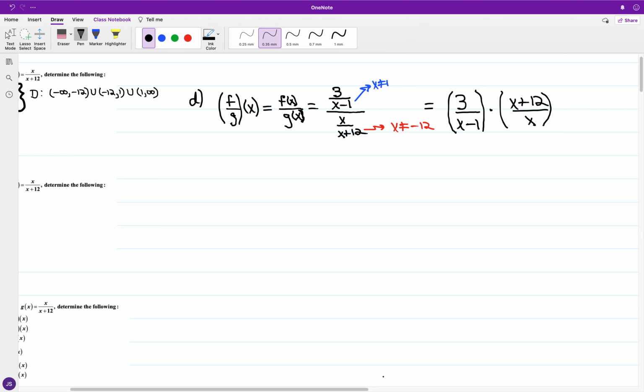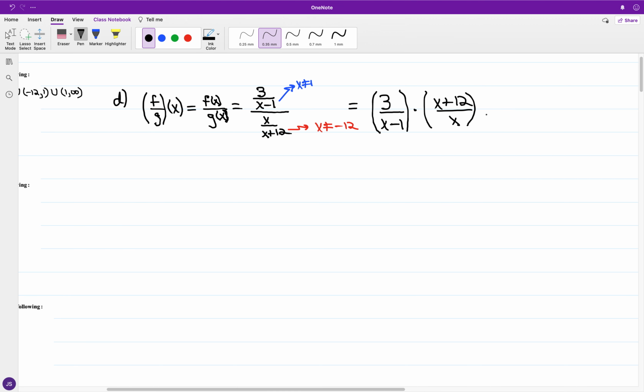And in this development, we have 3 times the quantity of x plus 12 all over x minus 1 times x, or x times the quantity of x minus 1. We already have established that x minus 1 cannot be 0. And x, already from x plus 12, which was originally in the denominator, cannot be negative 12.